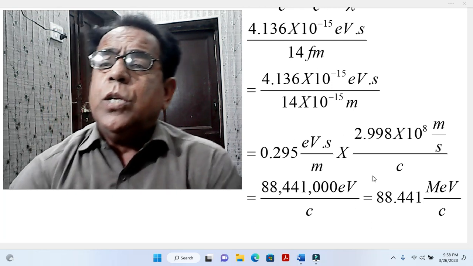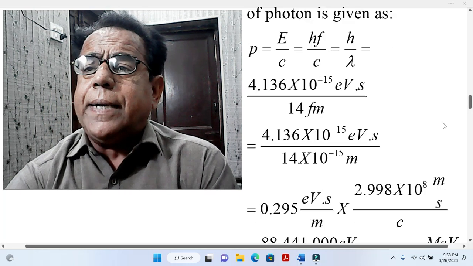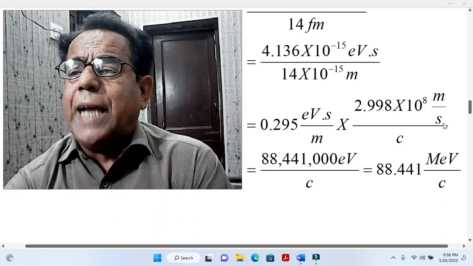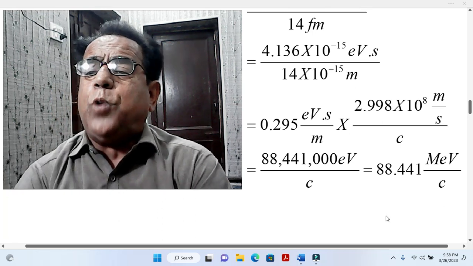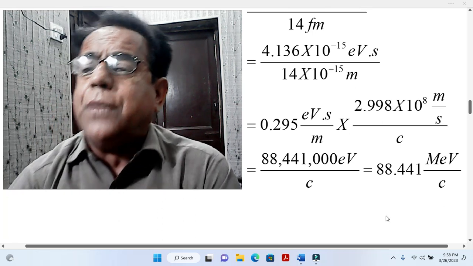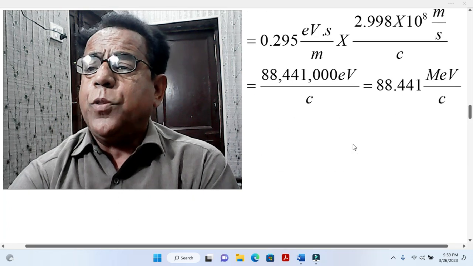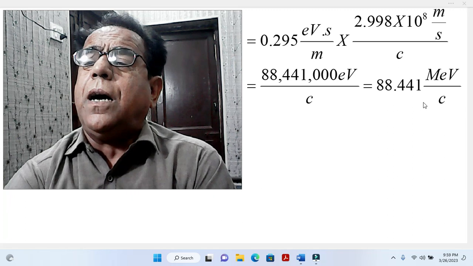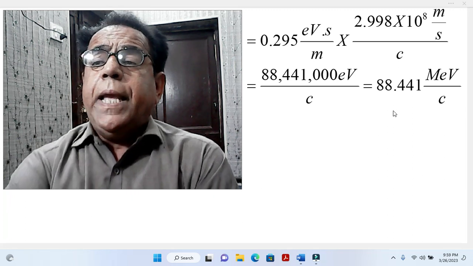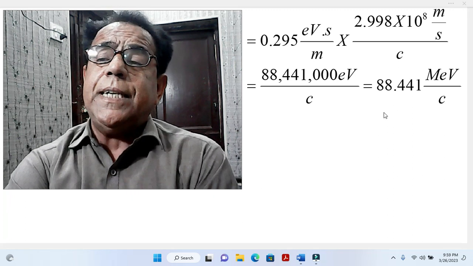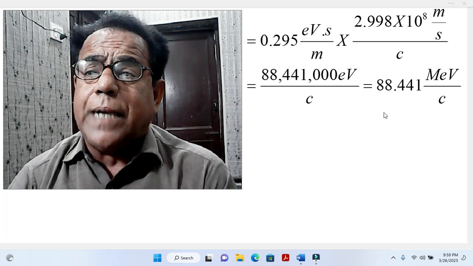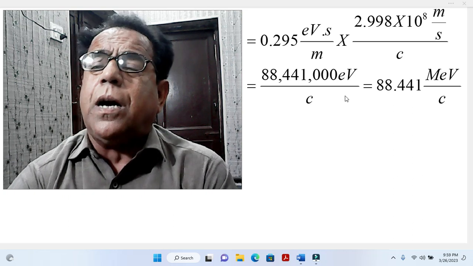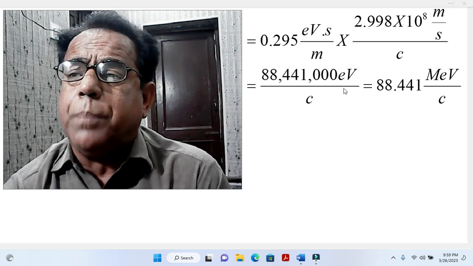So one part has been solved, that is, momentum P has become equal to 88.441 million electron volt over c. This value is very important. This value will be used in all the three parts. And still, dear students, we have not yet started our part A. This part is common for all the three parts of this problem, that is A, B, C.